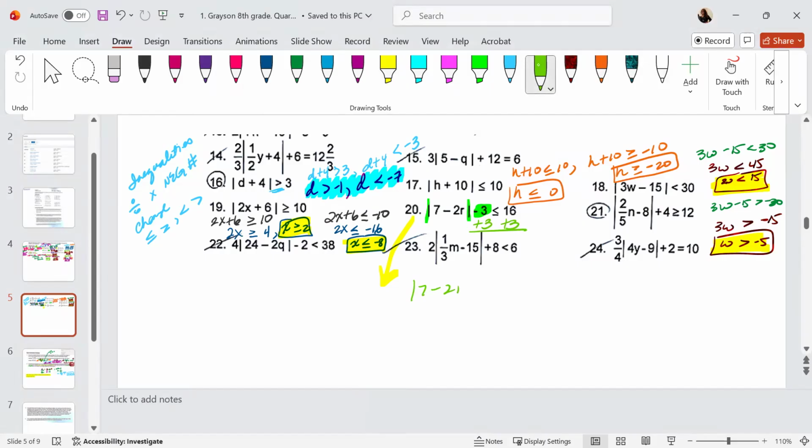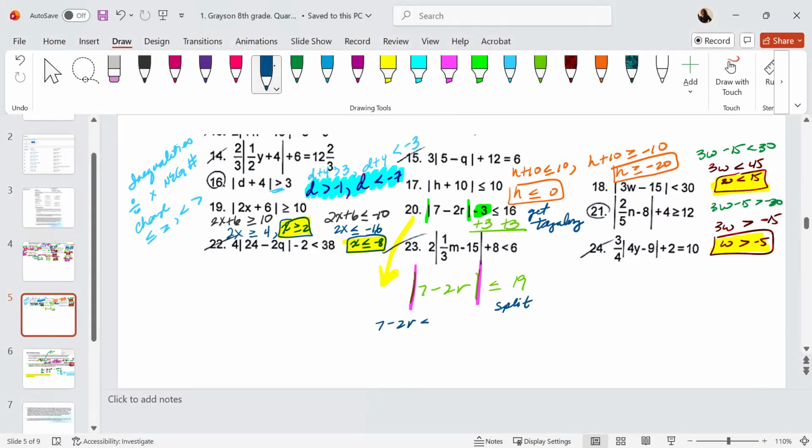So 7 minus 2r absolute value is less than or equal to 19. Now, outside of these absolute value bars, do you have any other numbers, any tag-along? 7, no, that's inside the absolute value. Do you have any number outside of the bars? Now you can split it. You have to get rid of the tag-along first. Do you understand? Okay, now we can split it.